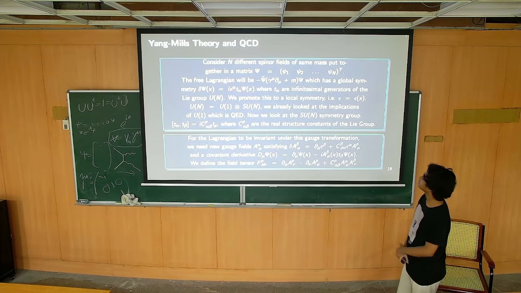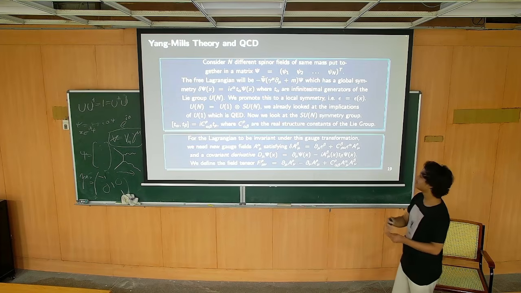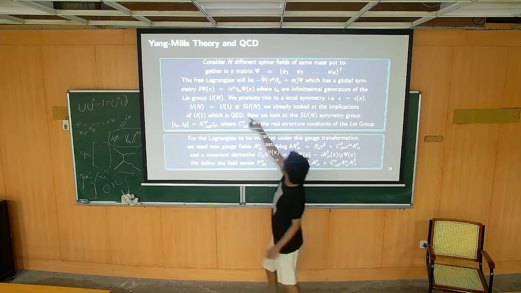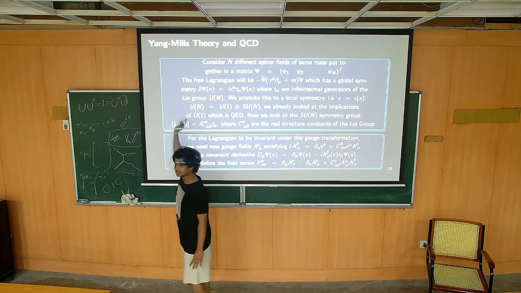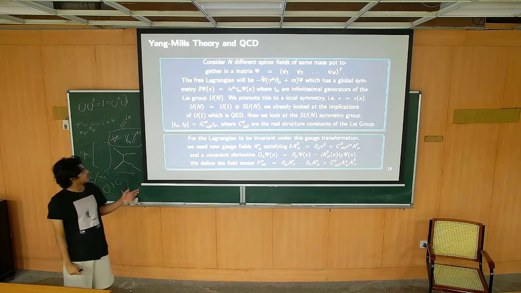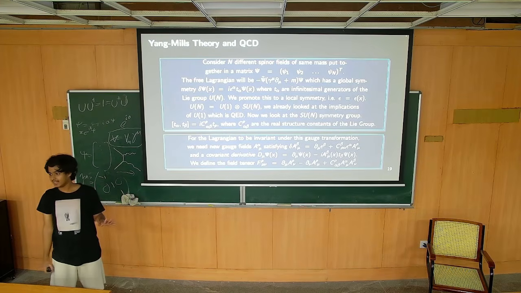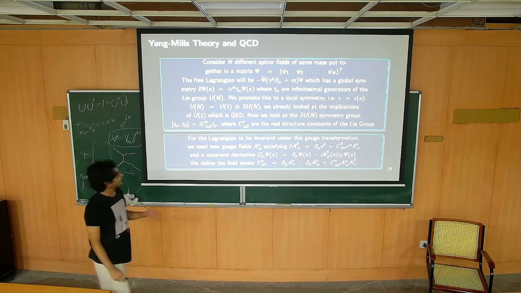It's not N epsilons, but it depends upon the representation of the group. The number of alphas depends upon what the group is. For example, for SU(3) it will be 9. So it depends upon the representation.